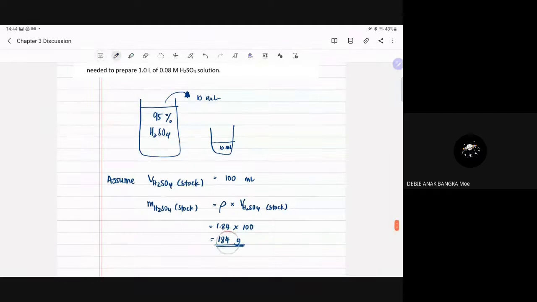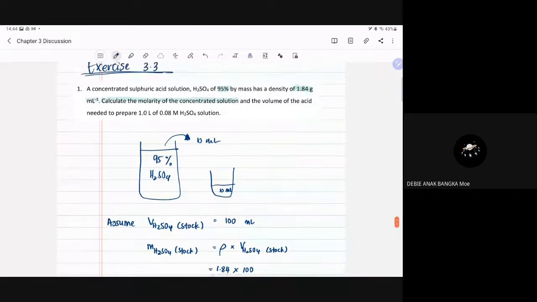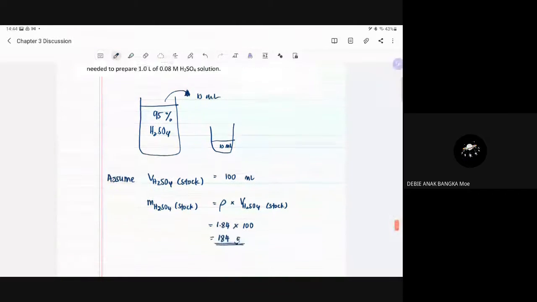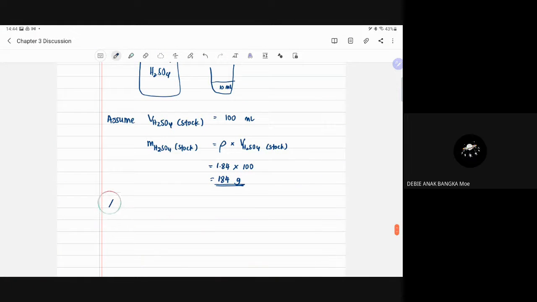Now, apa kita nak buat dengan mass ini? Dia bagi tahu percentage dia, 95% percentage by mass. Okay. So kita tahu percentage by mass bersamaan dengan mass of solute, mass of H2SO4 bahagikan mass of H2SO4 stock.